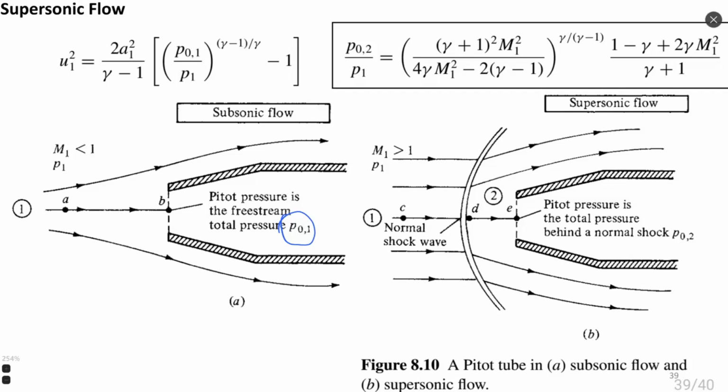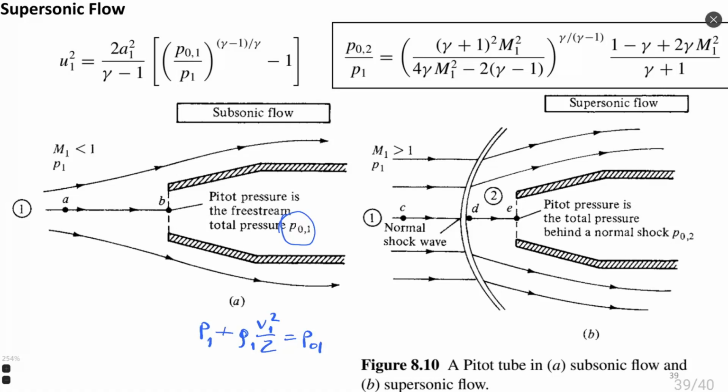Just to build a complete picture: pressure 1 at infinite distance plus density 1 multiplied by velocity 1 squared divided by 2 is equal to pressure 01, when we have stagnation conditions, right?